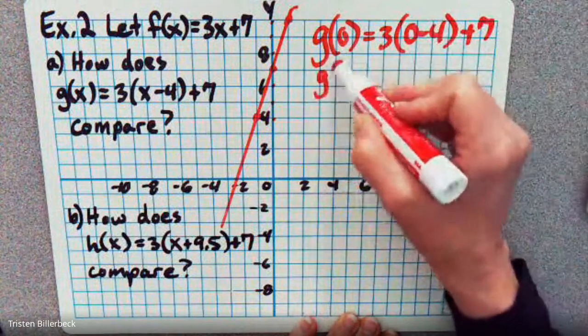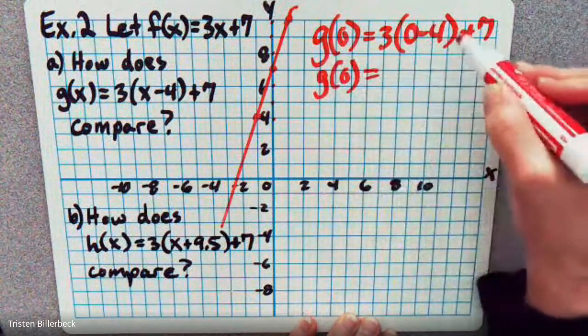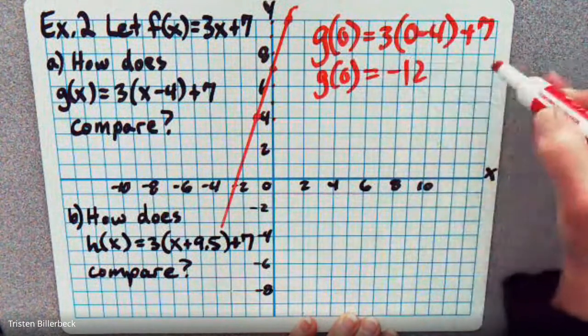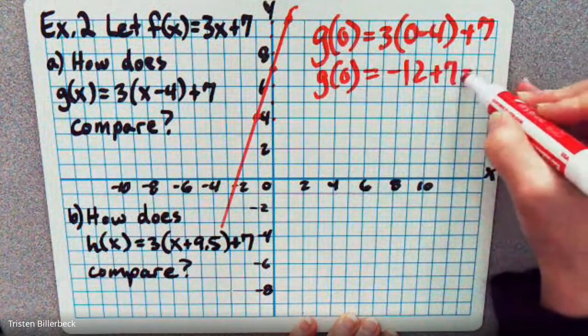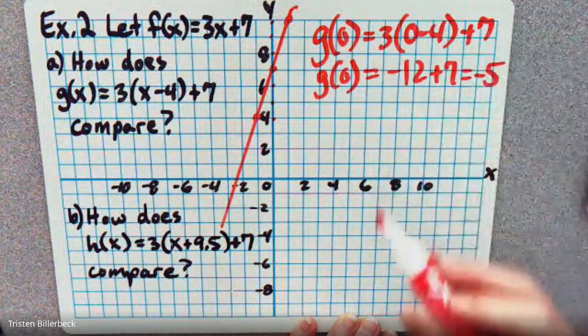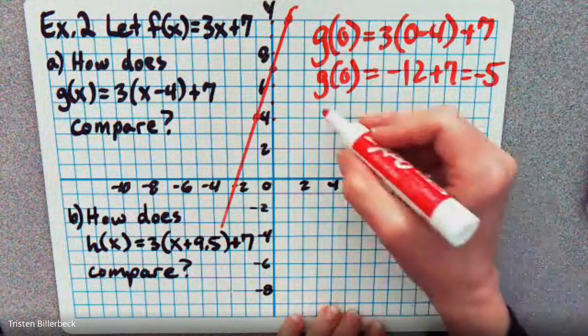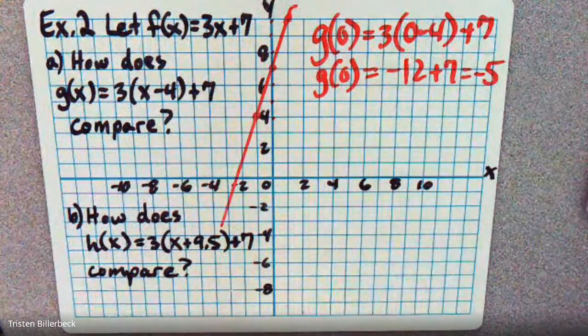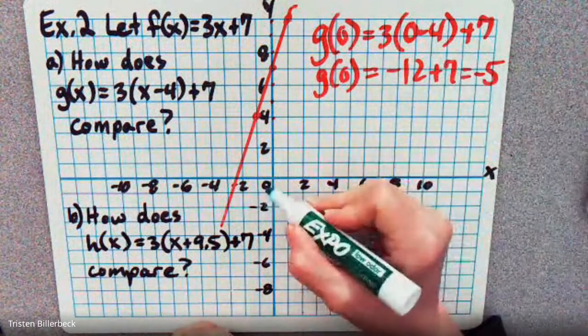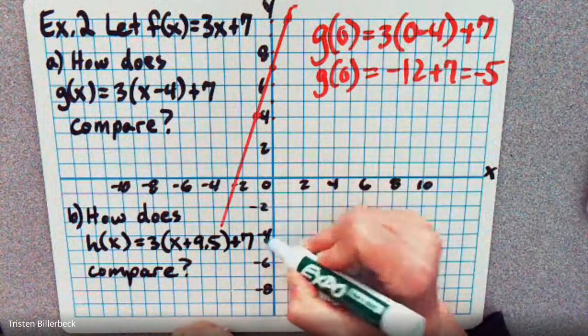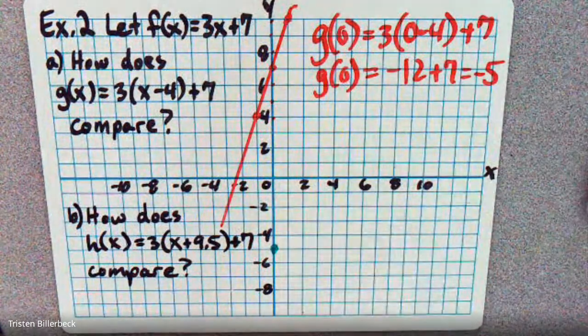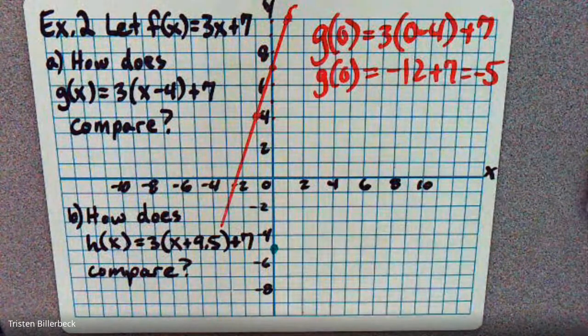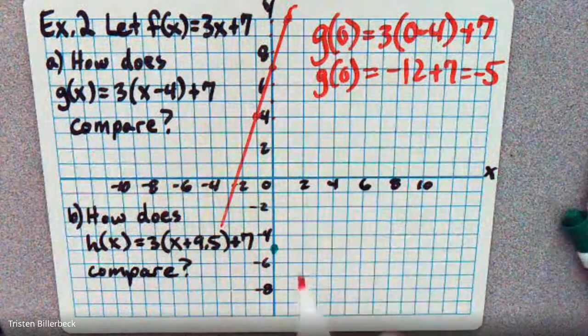So we have g of 0 equals -12 plus 7, which gives us -5. So that gives us a point right here at 0, -5. Okay, then that's our y-intercept.